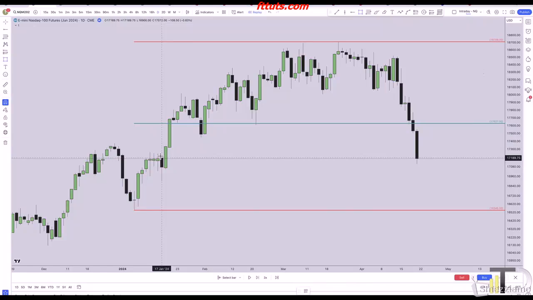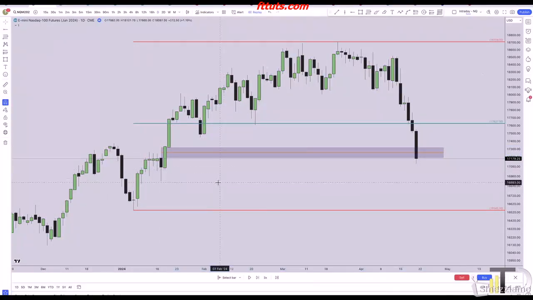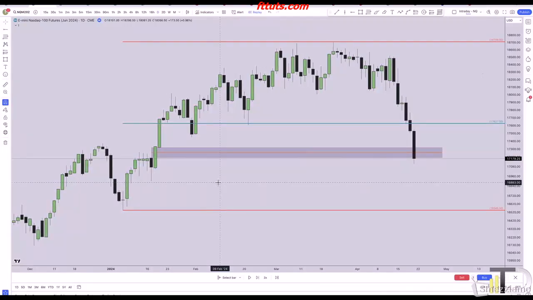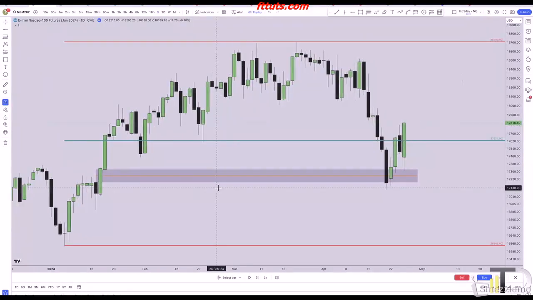Let's also look at where the fair value gaps are, in the discount. So this is the first fair value gap, and let me just color it in a different color so we are clear as to what we're doing here. So this is the first fair value gap, and if I play it higher, you see a couple of things here.